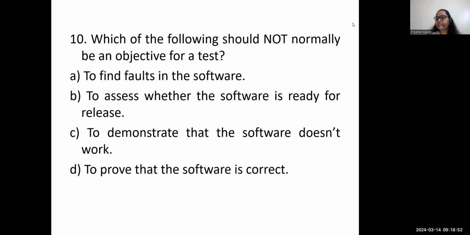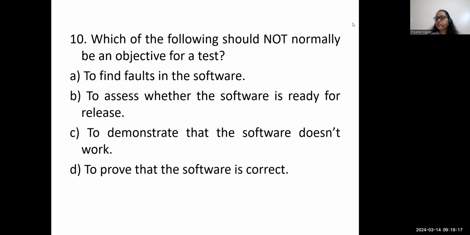Whenever you are doing testing, what is not your objective? Tell me, to find the faults in software, that is our objective. Yes, true, right? We are here to identify the defects. What is the second option? To assess whether software is ready for release. Basically, as a tester, once we make sure that the software is a quality one, that means it is ready to release. So that is our objective.